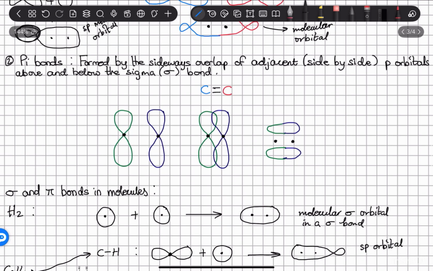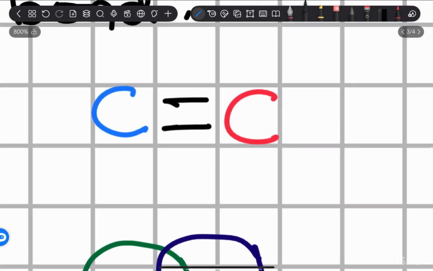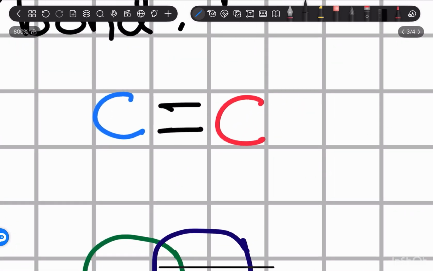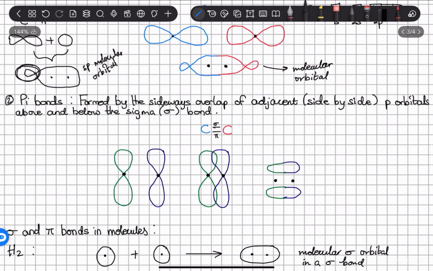So one of these 2 bonds would be a sigma bond and the other one would be a pi bond, because pi bonds allow the molecule to form double bonds, essentially. So more than one bond. It could either be a double bond or a triple bond, but that's what pi bonds are for.